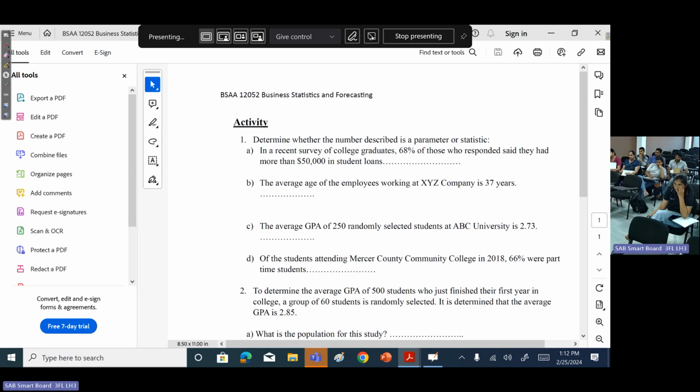Understood? Okay. Then: of the students attending Mercer County Community College in 2018, 66% were part-time students. Is it a parameter or a statistic?